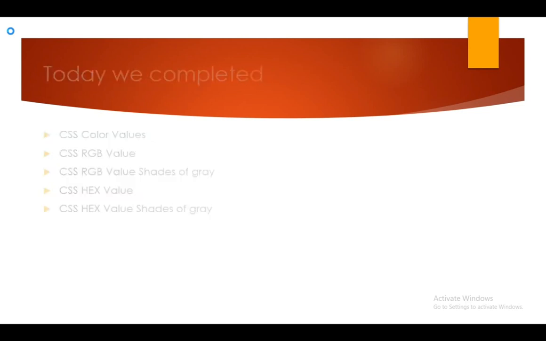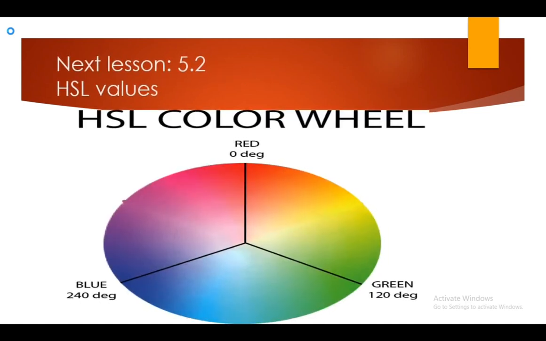After our notepad explanation we will see lesson number 5.2, hexa values and HSL value. We also have lesson 5.3, which will be alpha 50% transparent. So don't miss it.